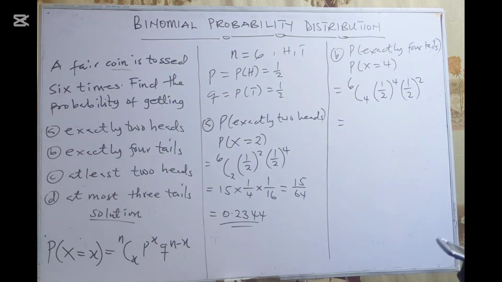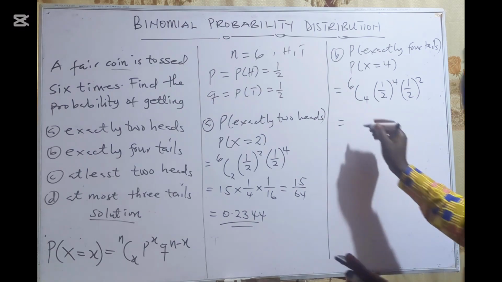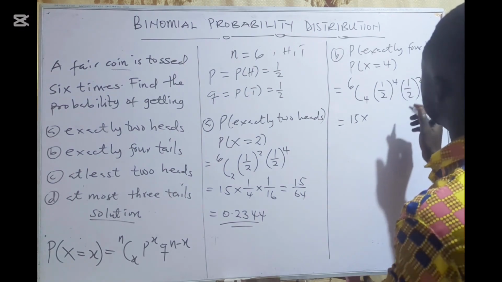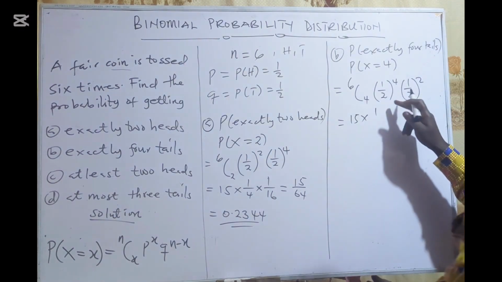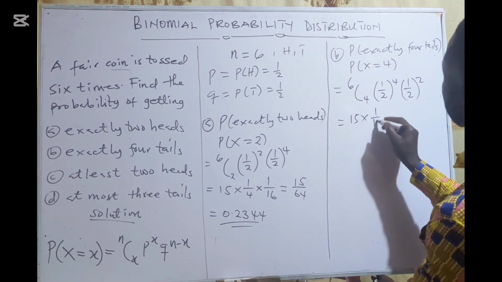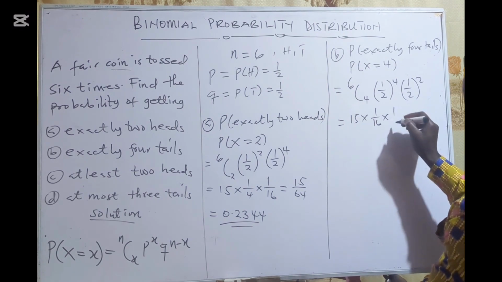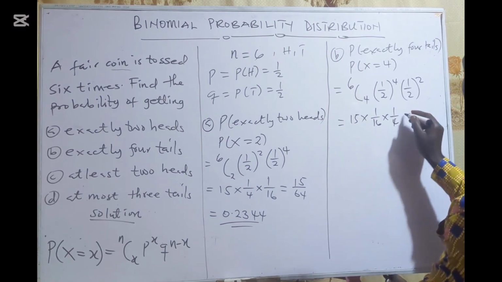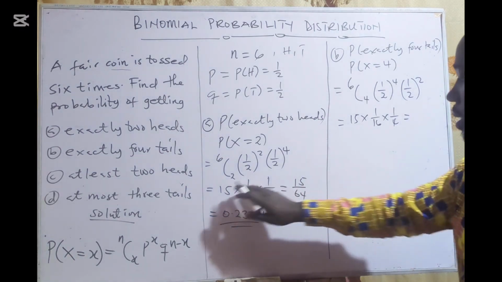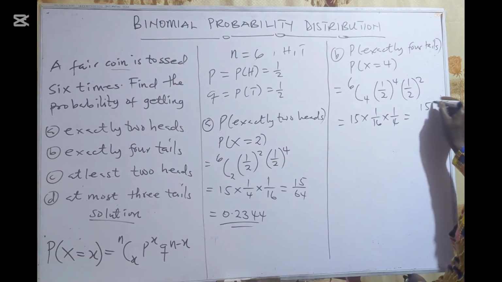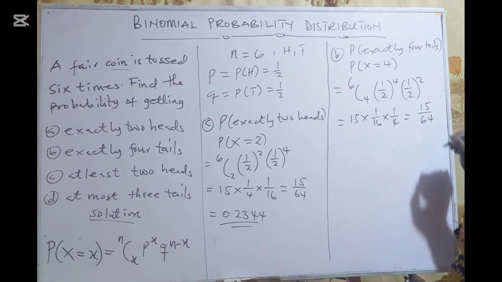Alright, so 6 combination 4 also gives us 15. 1 exponent 4 is 1. 2 exponent 4 will give us 16 times 1 exponent 2 is 1. 2 exponent 2 is 4. So it is giving us 15 times 1 over 16 times 4. So that will give you 15 out of 64.